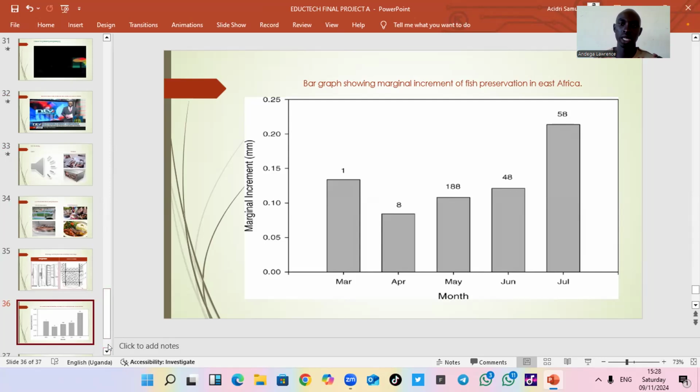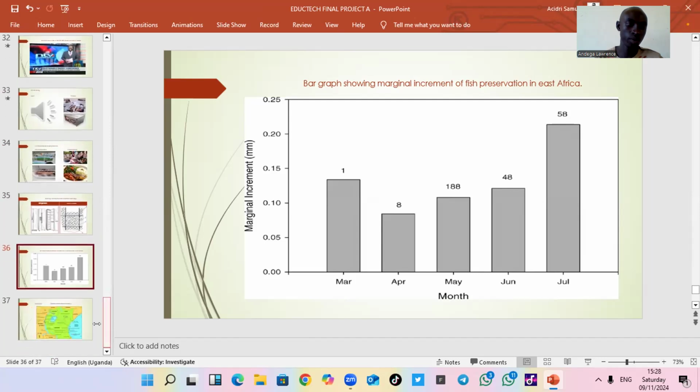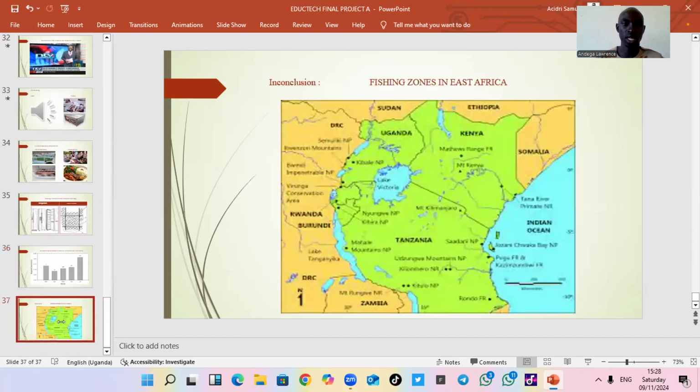It can develop the analytical thinking, and it can even develop the synthesis, whereby they can be able to explain it, and in due course they develop the language that is crucial in the market. So that basically shows how fish marketing is done.